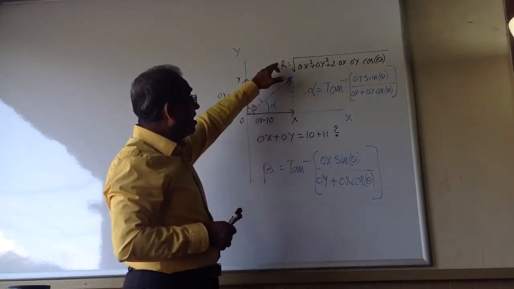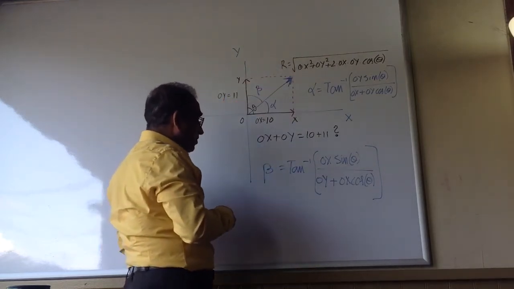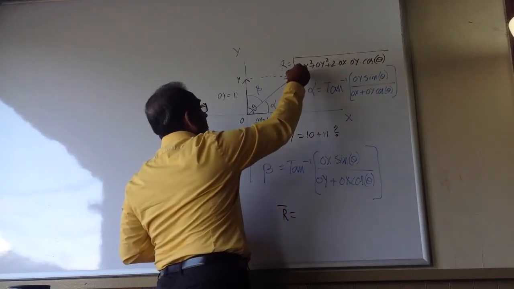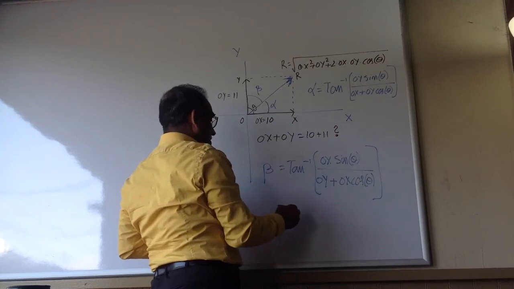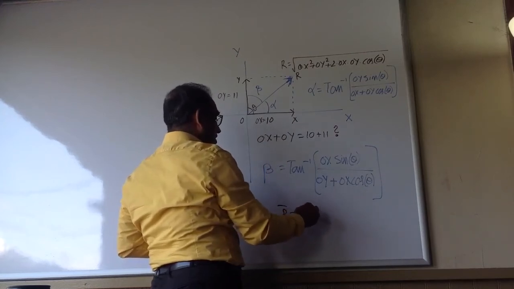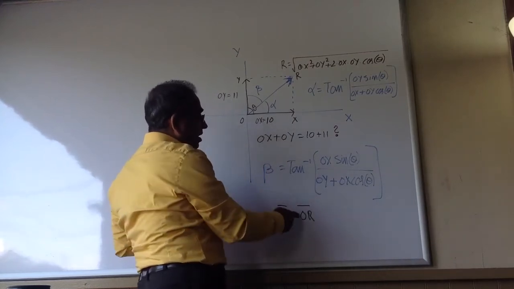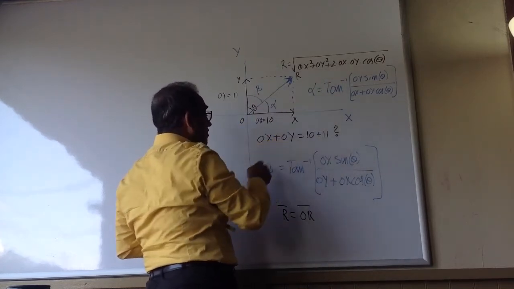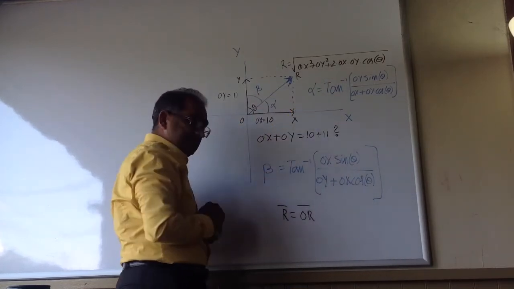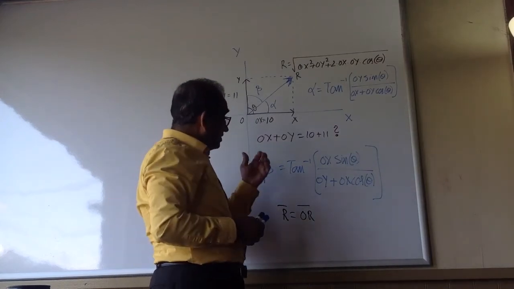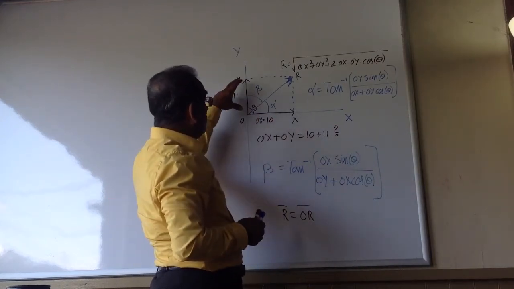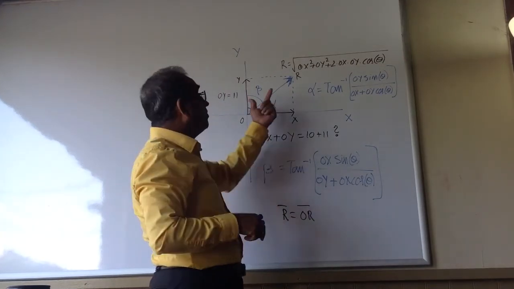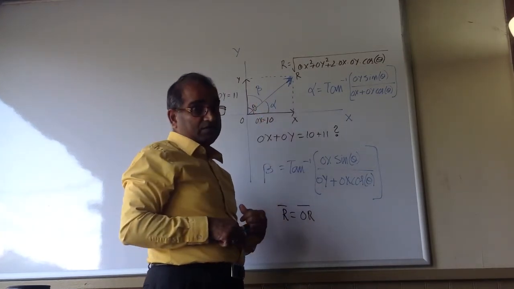So if R is a vector, then R bar is a vector. Let me call this point R. So R bar is OR bar. And OR bar has a magnitude, this R, and its direction, either alpha or beta, given by these equations. So these OX and OY will now be called the components of OR.